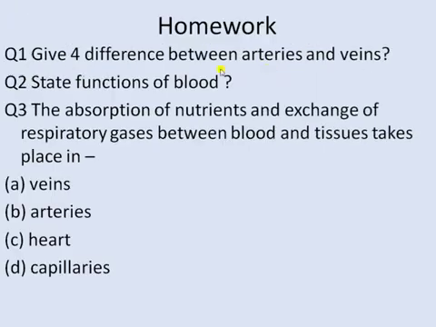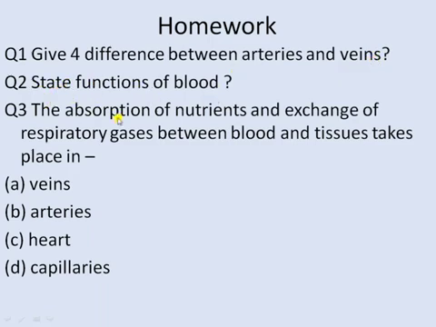Okay. Next is the homework part of this lecture number 1 of chapter number 10, that is transportation in animals and plants. So the first question is, give the 4 differences between arteries and veins. Second is, state the functions of blood.